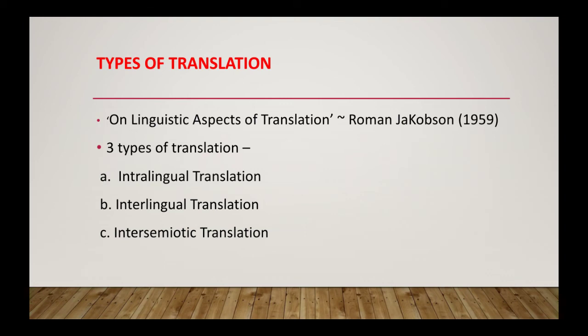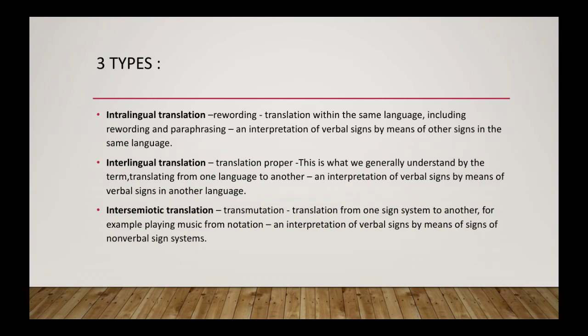What is intralingual translation? It means rewording, that is, translation within the same language, including rewording and paraphrasing. An interpretation of verbal signs by means of other signs in the same language. So it is almost rewording and paraphrasing, that is translating a work within the same language.